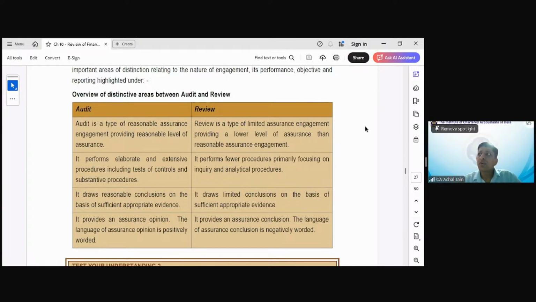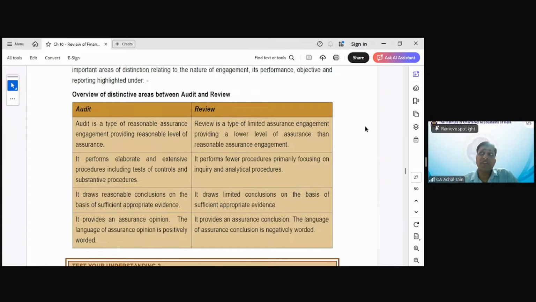So in case of a review, you will not say that you'll not be looking at the compliances, whether they have been fulfilled or not. Why? Because if there is a non-compliance which could have a financial impact, then of course your conclusion may have to change. So even in case of review, you will be looking at material misstatements. Otherwise, how will you understand whether you need to give a modified or unmodified conclusion?